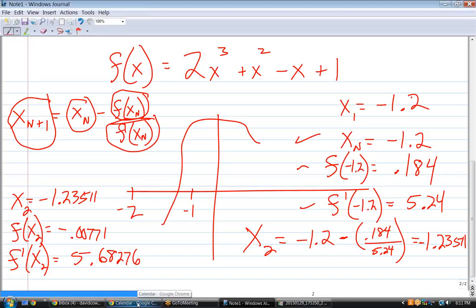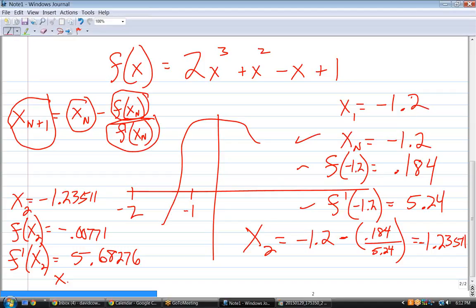So my new best guess, I guess you would call it x sub 3. Now hold on a moment. No, my first guess was minus 1.2, and after one iteration, x sub 2 was this.